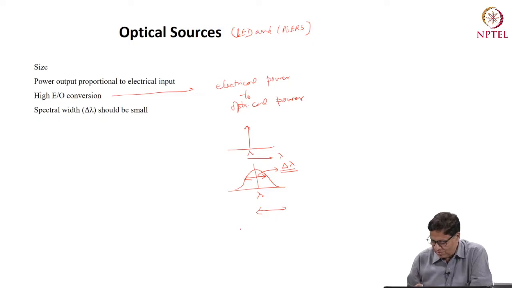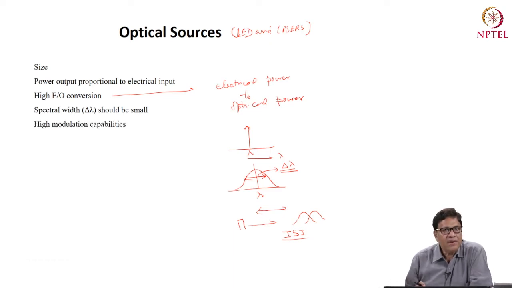So suppose you launch a pulse like this, if your delta lambda is high, after say 20 or 30 kilometers in optical fiber, for example, this pulse will become something like this. So if there is a dispersion in time, then it will start interfering with next pulses. So it will result in a limited data rate, or something which is called inter-symbol interference. So we want this delta lambda to be very small.